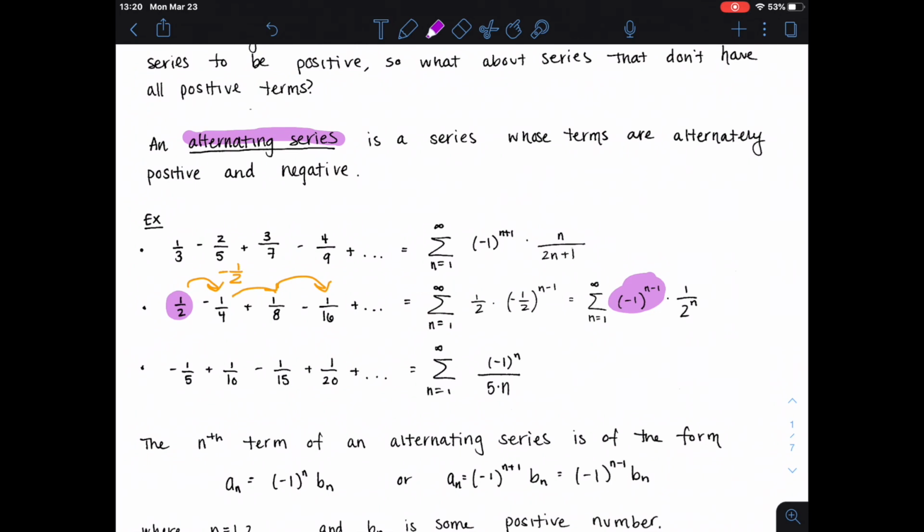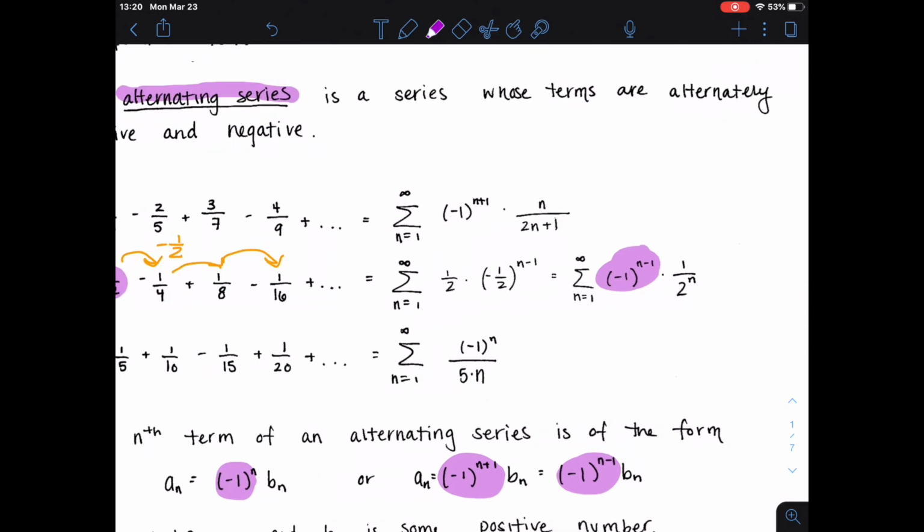So pretty much you're going to recognize you have an alternating series if it has this negative 1 to the n, negative 1 to the n plus 1, n minus 1, it doesn't matter, you have negative 1 to a power times this other piece. That's when you pick off that it's an alternating series, and then we're probably going to apply the alternating series test.